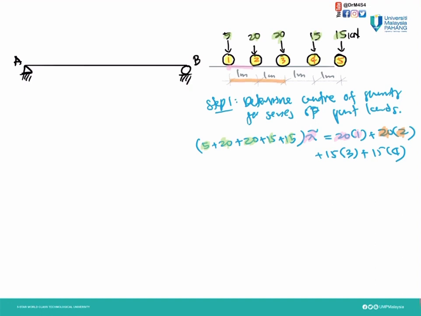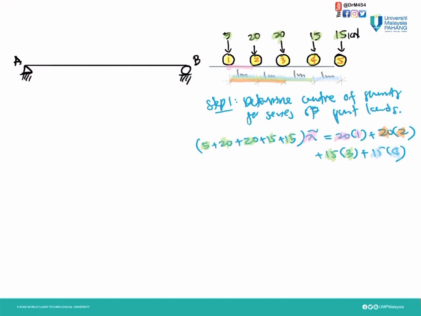Then plus another 15, and the distance for that is 1 plus 1 plus 1, so 3 meter. And plus the last load from wheel number 5, which is 15 times 1 plus 1 plus 1 plus another 1, so 4 meter.